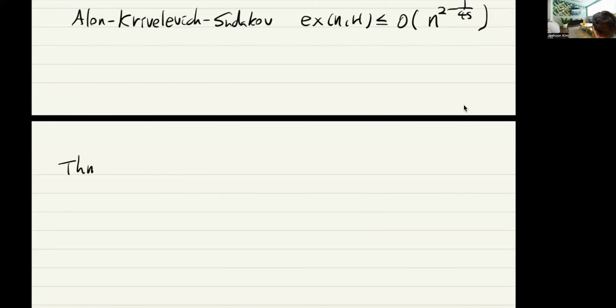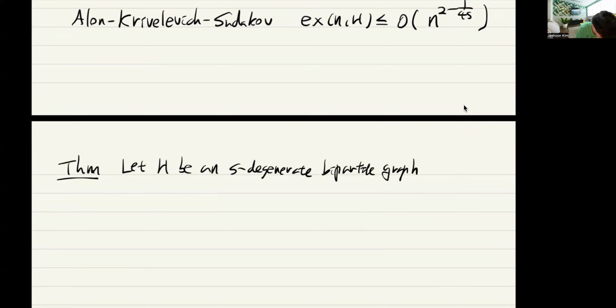And using dependent random choice, we can prove the following weaker result. Let H be an s-degenerate bipartite graph. Then the extremal number of H is O of n to the 2 minus 1 over 8s.